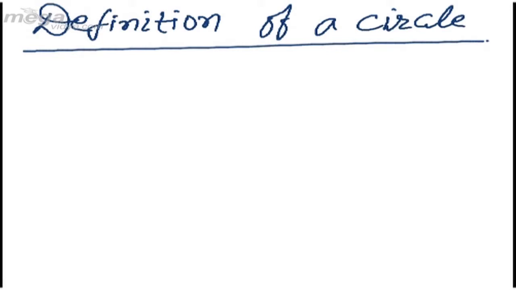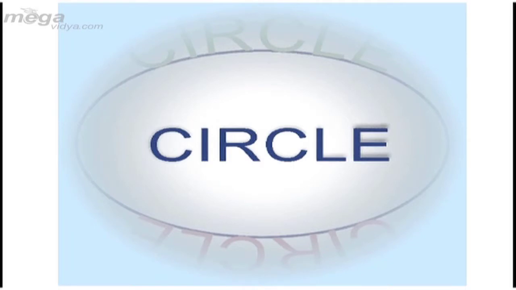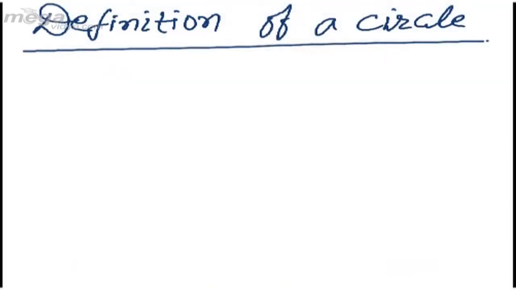The definition is, if you see this figure, as you know, this is a circle. Now I am taking here the mathematical definition.